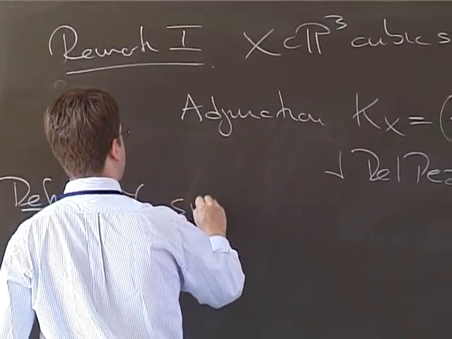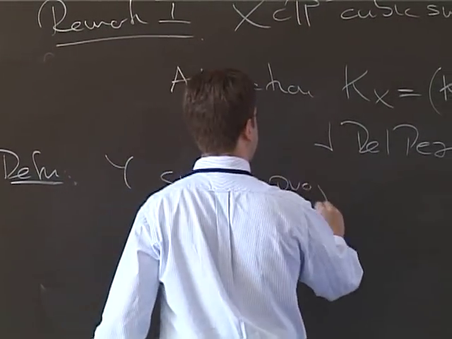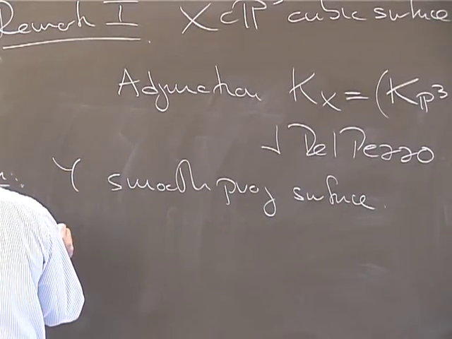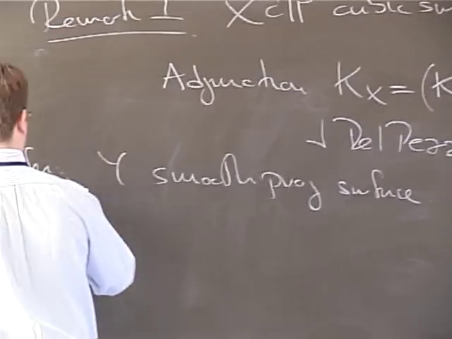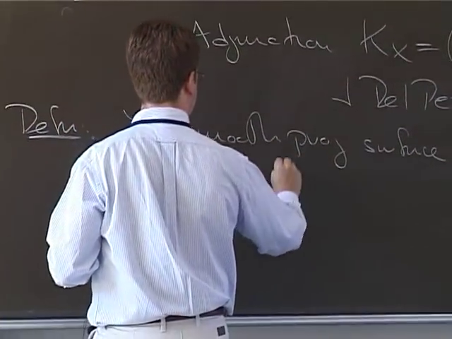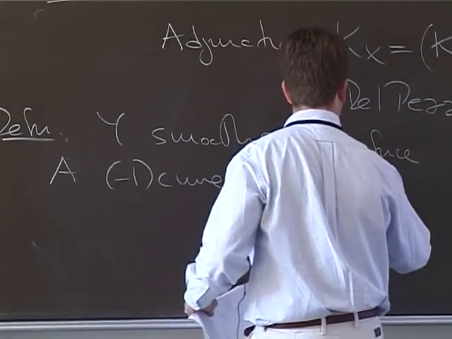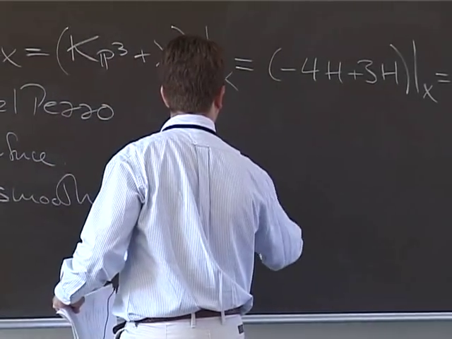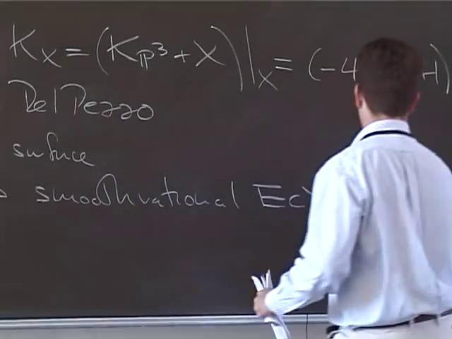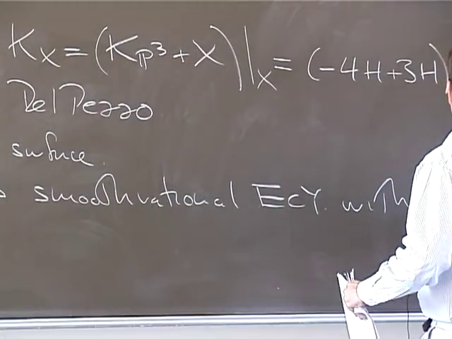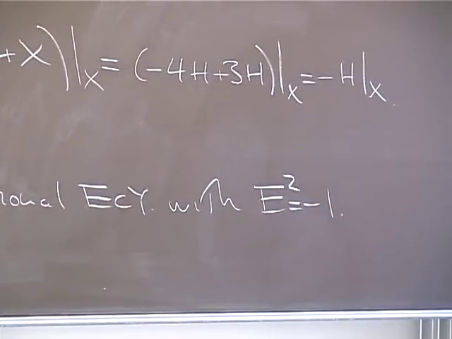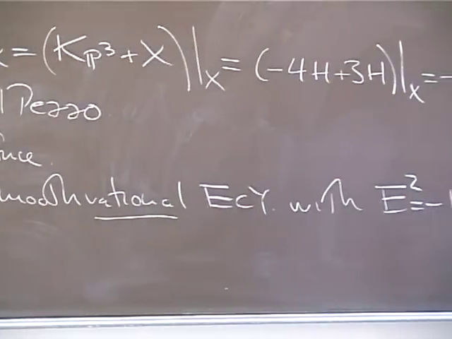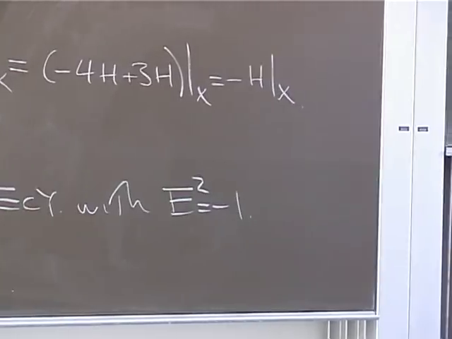So if Y is a smooth projective surface, a minus 1 curve is a smooth rational curve E in Y with E squared equals minus 1. So I need here rational. There can be elliptic curves with E squared equals minus 1. So the rational is an important part of the hypothesis.